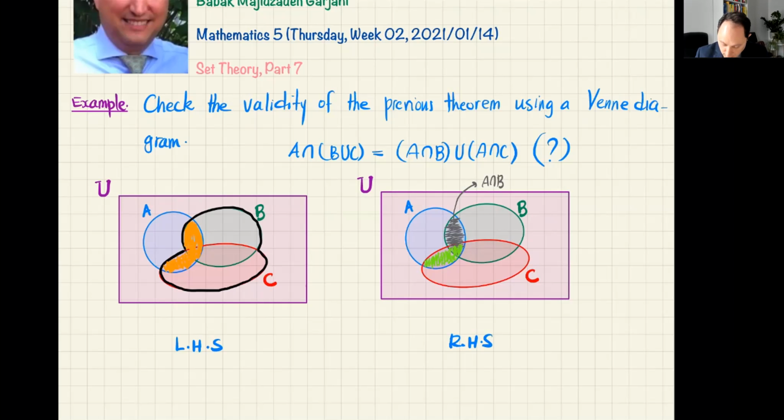This is A intersection with C. And then if I union them, it is clear, let me draw a black border around what I have. So if I union them, I will get exactly this thing here. And that is exactly what you see here.